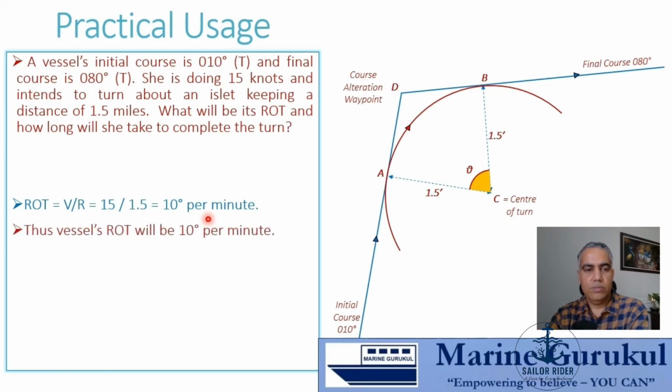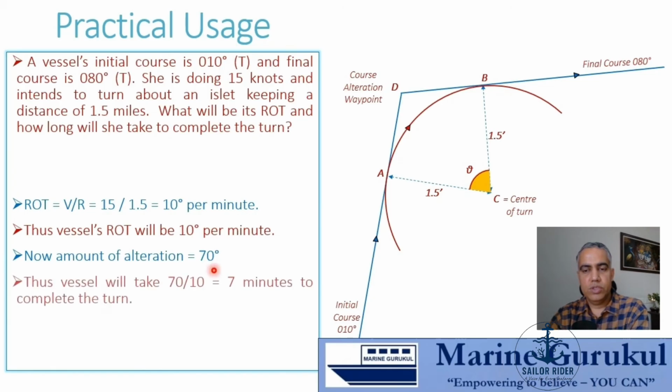Now we know that the vessel's rate of turn needs to be 10 degrees per minute to execute this turn. The amount of alteration which we have is 70 degrees. Initial course is 010 and the final course is 080 degrees. So the vessel has to alter by 70 degrees at a rate of 10 degrees per minute.